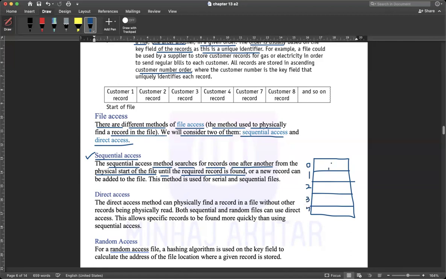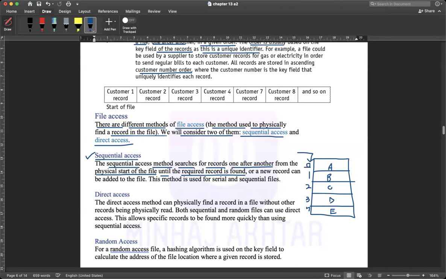We have file A, file B, file C, file D, and file E. While we work with sequential access, the computer has to search one after another. The computer starts searching from position number 0 or location number 0.